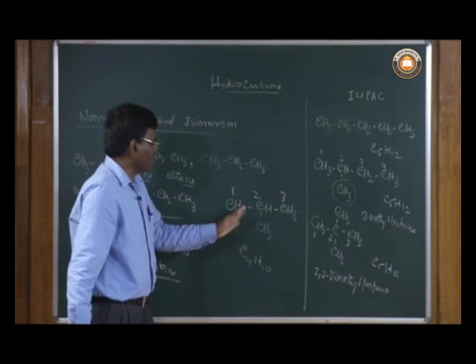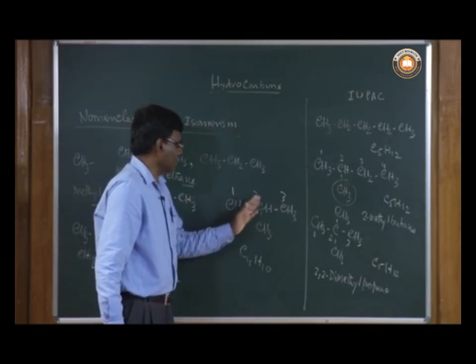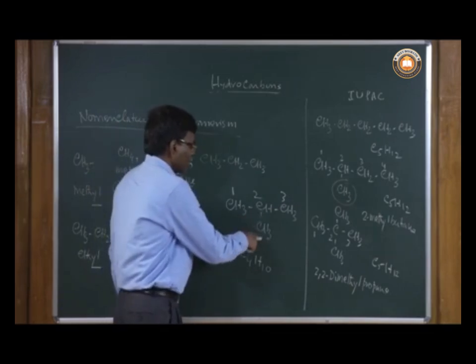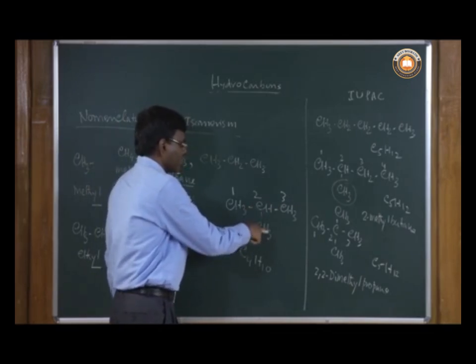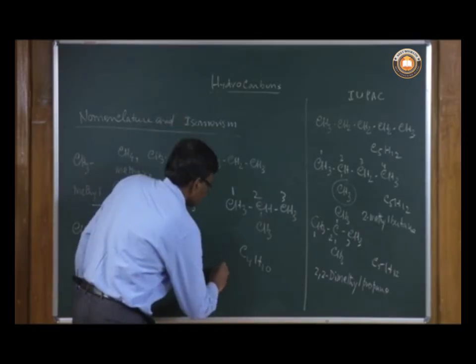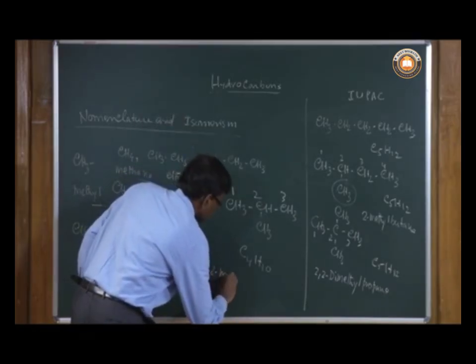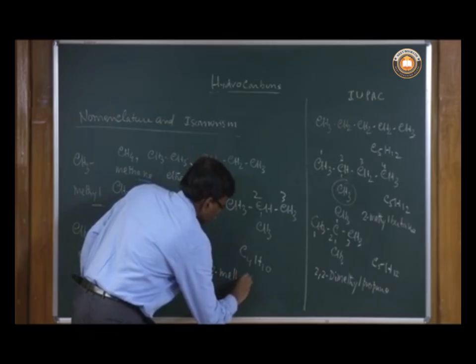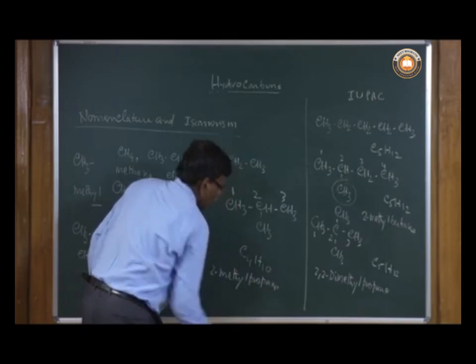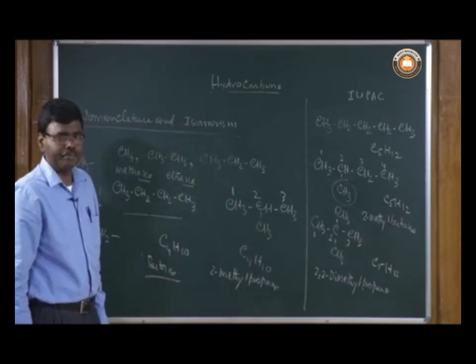Here also no problem, you can start numbering either way, you have 3 carbon atoms. Now you have to find the position of the substitution, which is present on the second carbon atom. So, you have to write 2-methyl propane.